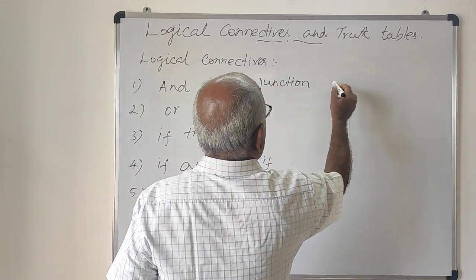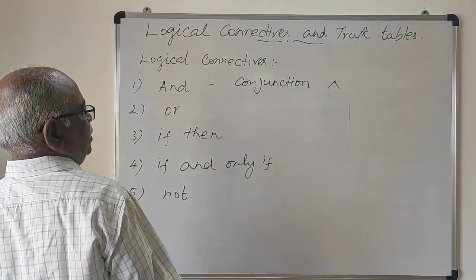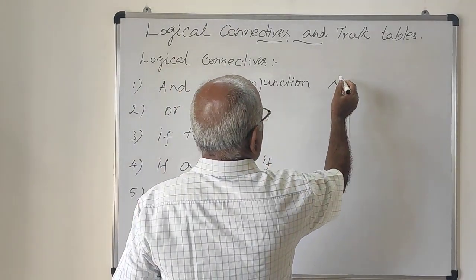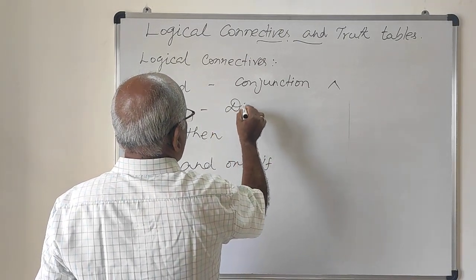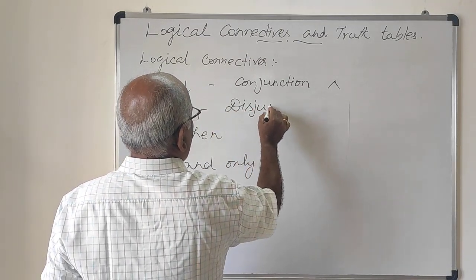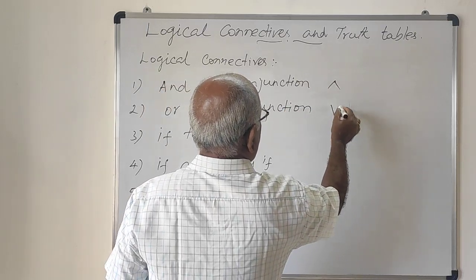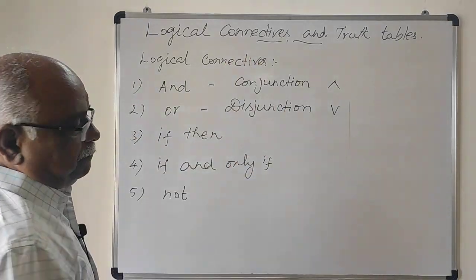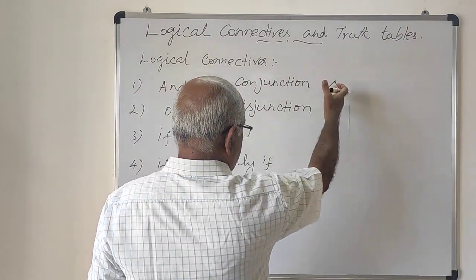By symbol, conjunction is used like that. Or is disjunction, and by symbol it is denoted as inverted cap. Conjunction is cap notation, disjunction is inverted cap.